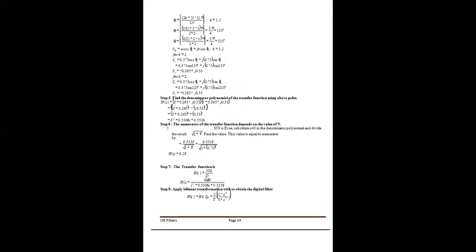And then we find the value of s_k, then the denominator polynomial. For the numerator, if n is even, we substitute s equal to 0 and divide by root of 1 plus epsilon square. The next step is to find the transfer function. Finally, we apply the bilinear transformation. We know that s should be replaced by 2 by T of (1 minus z^-1) divided by (1 plus z^-1).